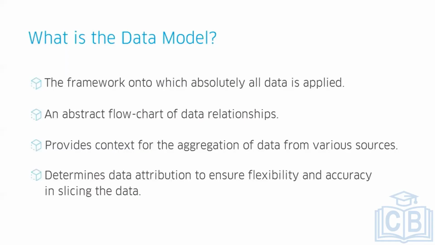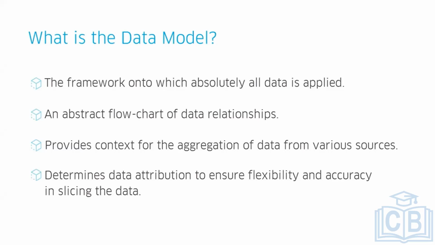So what is a data model, and why do we need a data model? A data model is a framework onto which absolutely all the data is applied, and it is an abstract flowchart of data relationships.